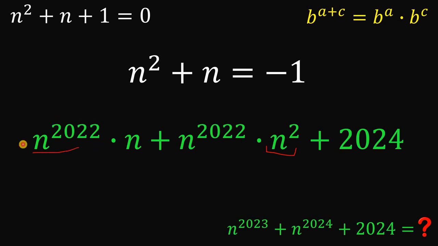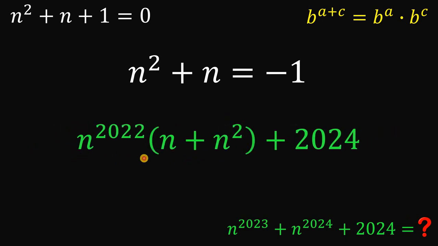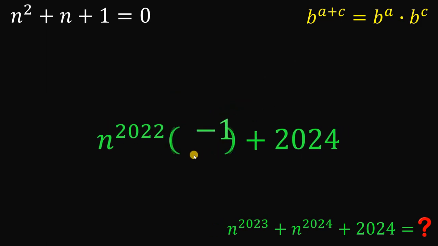Now, we can factor out a common factor of n raised to 2022. If we do that, we get n raised to 2022 multiplied by n plus n squared. And take note, n plus n squared is the same thing as n squared plus n. And we know n squared plus n is just negative 1.